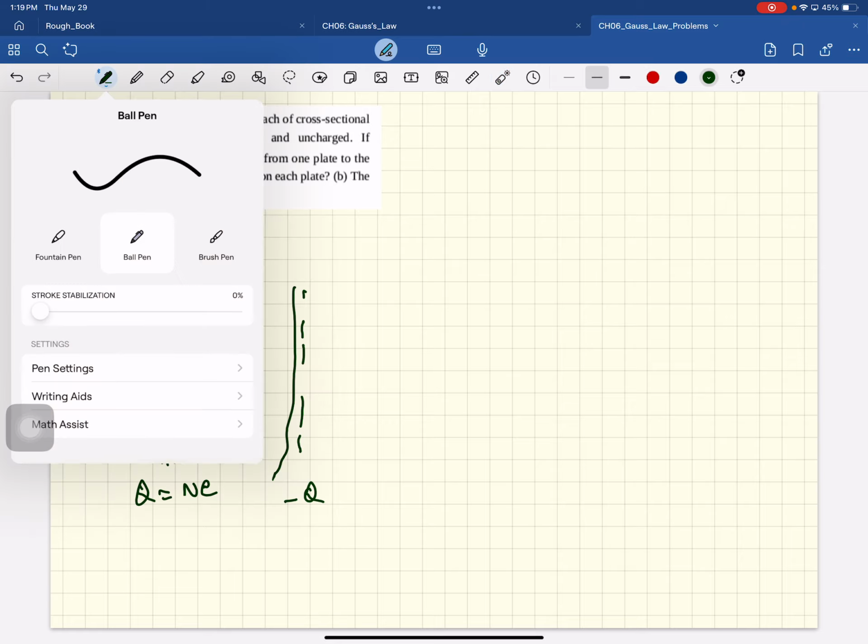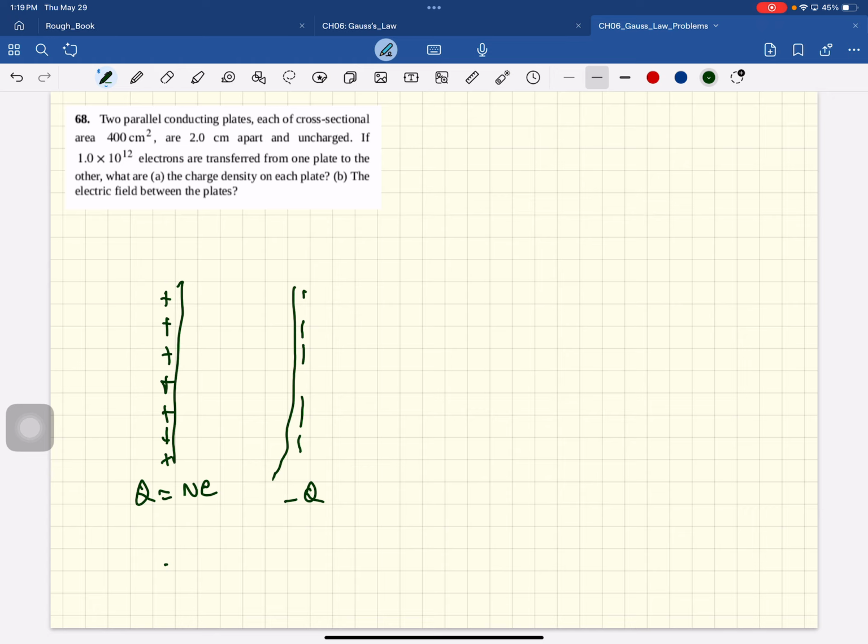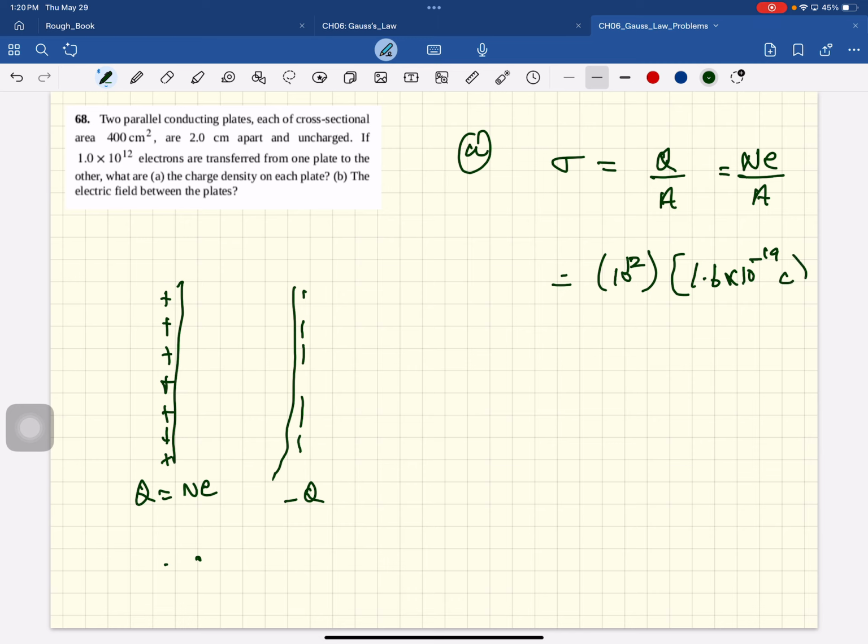And so the charge density is Q over area, is N times e over area. 10 to the 12, and the charge of each electron is 1.6 times 10 to the minus 19 coulomb, and the area is 400 centimeters square.